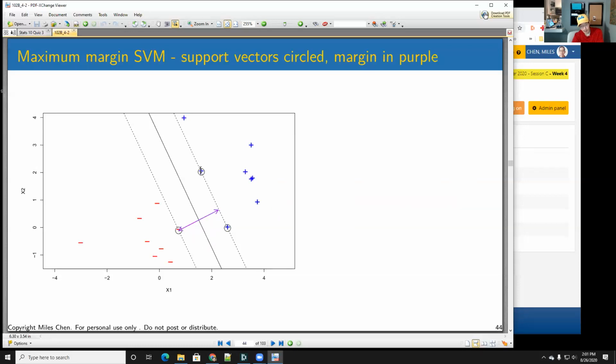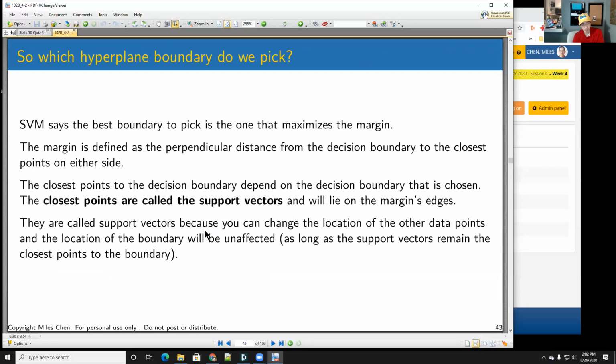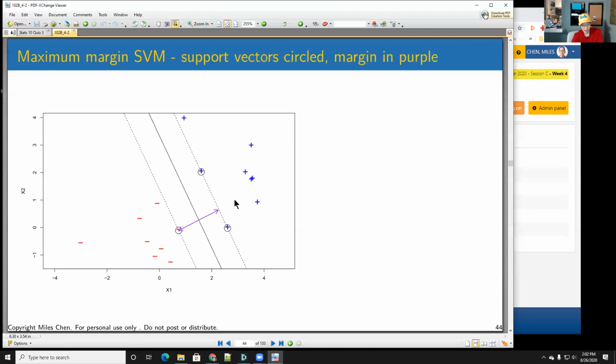As long as the 3 closest points to the line are this red point, this blue point, and this blue point, the decision boundary that we've created will be unaffected. And so they are known as the support vectors, because you can think of points as also vectors from the origin, right?